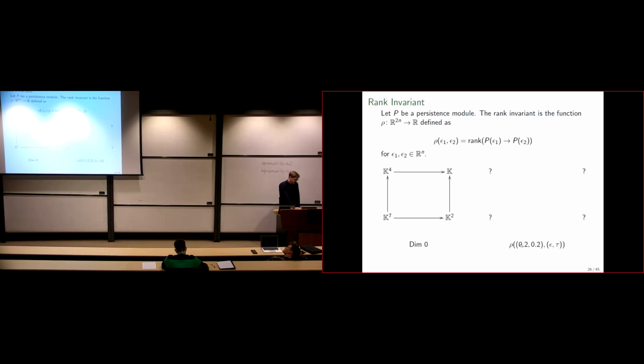This function, the rank invariant, takes 2 filtration values as input, the start filtration value and the end filtration value, and computes the rank of the map between these 2 filtration values. Okay, so if we start at 0.2 and 0.2, this bottom filtration value here, we will compute the rank of the maps going to all the other filtration values.